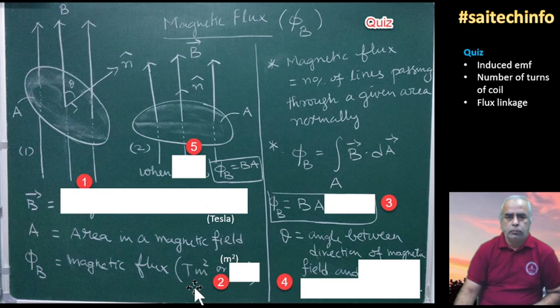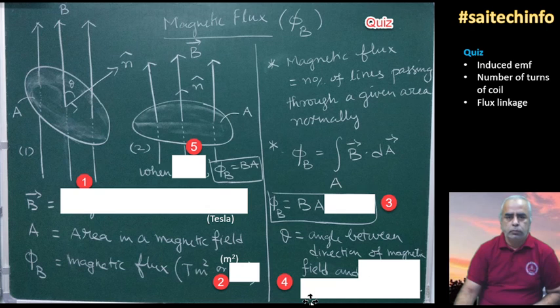So the Tesla meter squared can also be called a dash. That is question number 2. Question number 3. Phi b is given as B into A into dash. So what is that important fill-up in question number 3? And question number 4. So theta is nothing but the angle between the direction of magnetic field and dash.